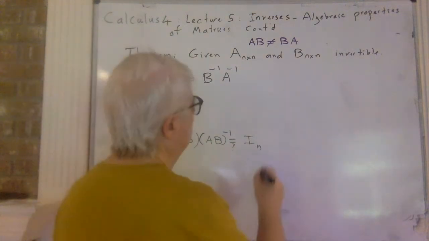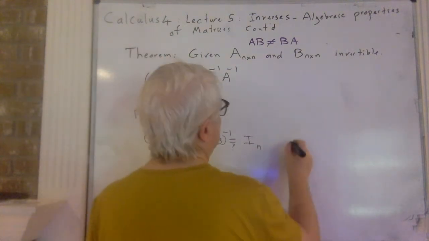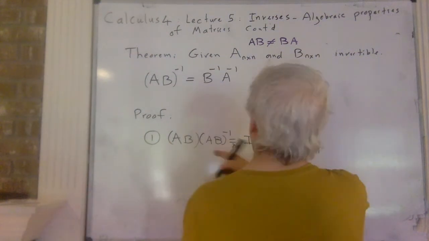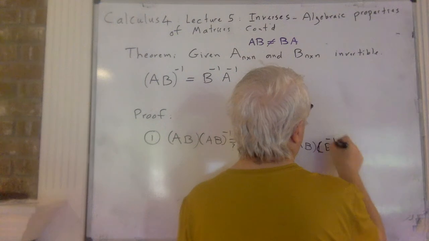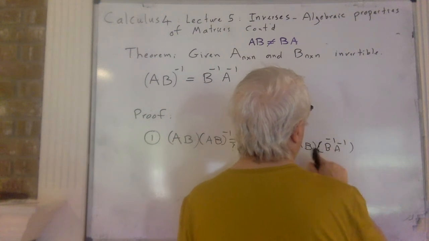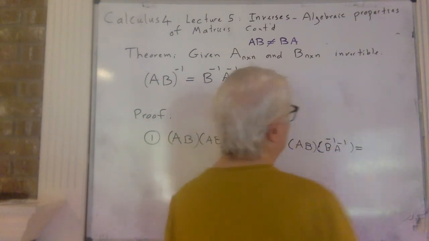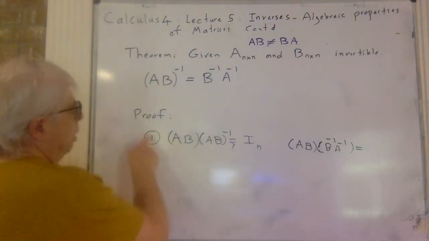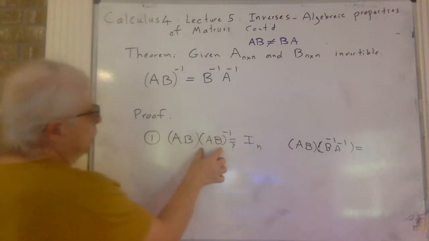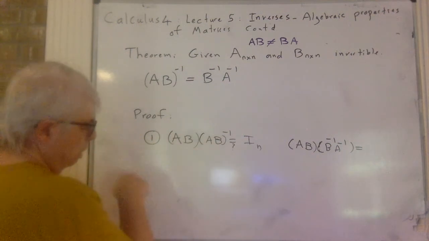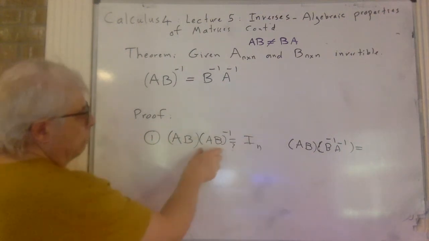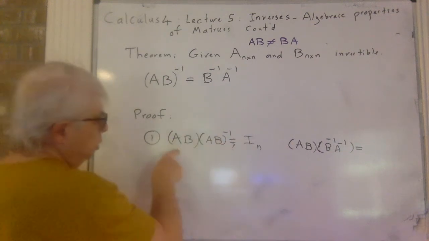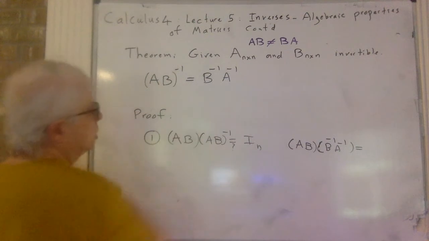So AB is AB, and I have claimed that its inverse is B inverse A inverse. Let's see if this is IN. I have to prove that this thing times its inverse is IN, and I have claimed that this inverse is this. So if I multiply this by this, I should get IN.